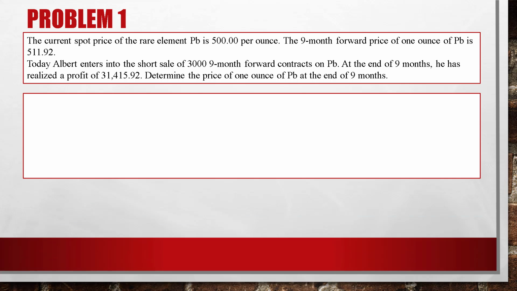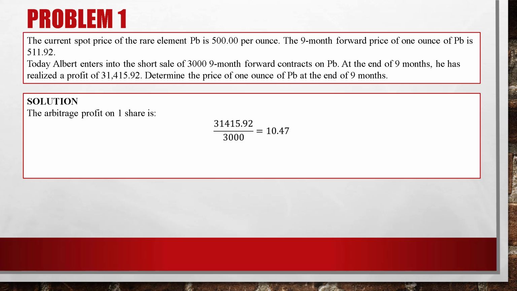So the profit on one contract is 31,415.92 over 3,000, which is equal to 10.47. So Albert has $10.47 for one contract. Now for each contract, we got the forward price is 511.